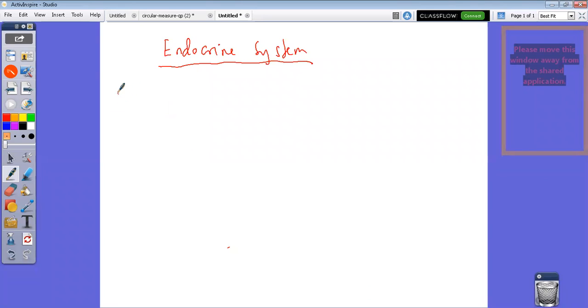So let's start from the definition of a hormone. What is a hormone? We need to be able to define it. Sometimes it comes with 2 marks.